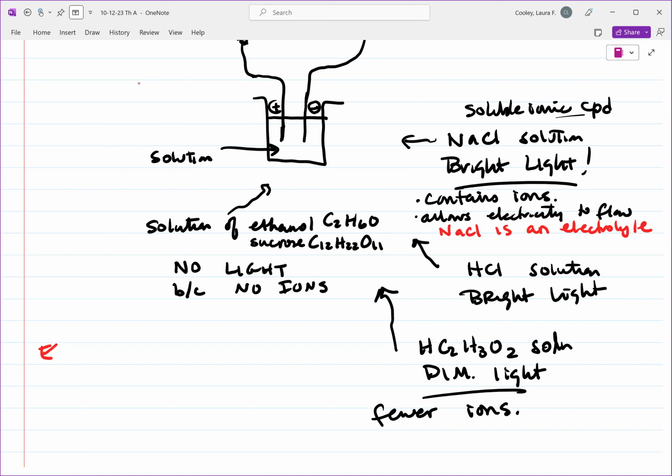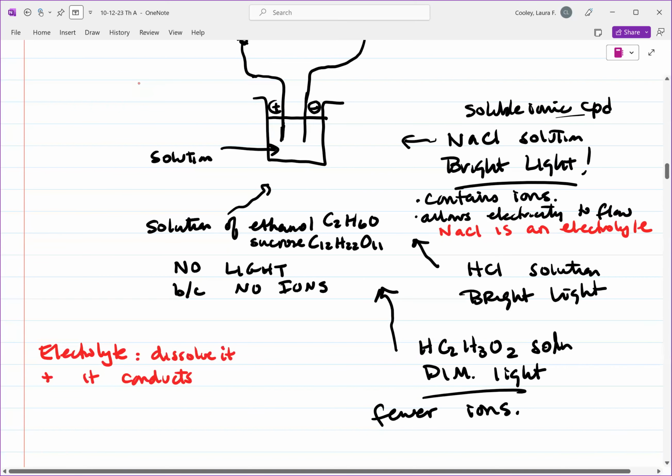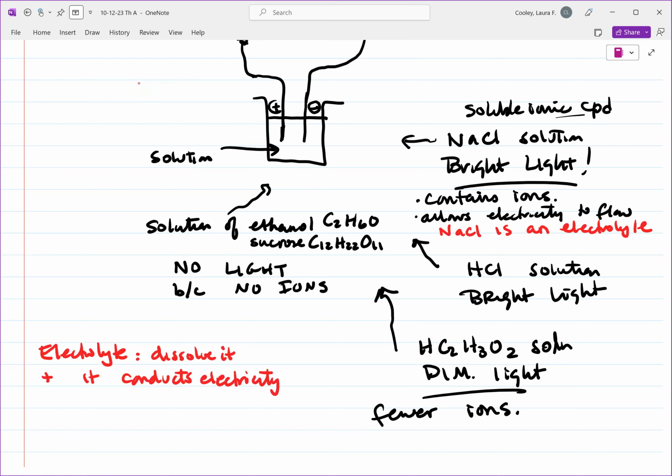And an electrolyte is a substance which, when you dissolve it, conducts electricity. Conducts, that's good enough. What else is it going to conduct? I guess it could conduct heat. Okay, so that's an electrolyte. So HCl is an electrolyte.